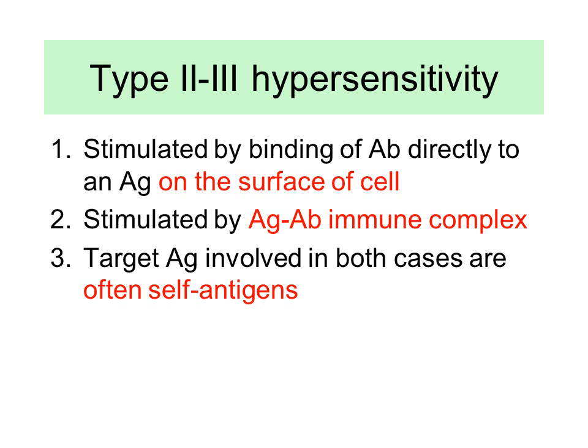So the antigen will be sitting on the surface of the cell, and that's where the initial contact takes place. Then this will lead to an antigen-antibody immune complex. And in most of the cases that you see in type 2 and 3, the target antigens are self-antigens.